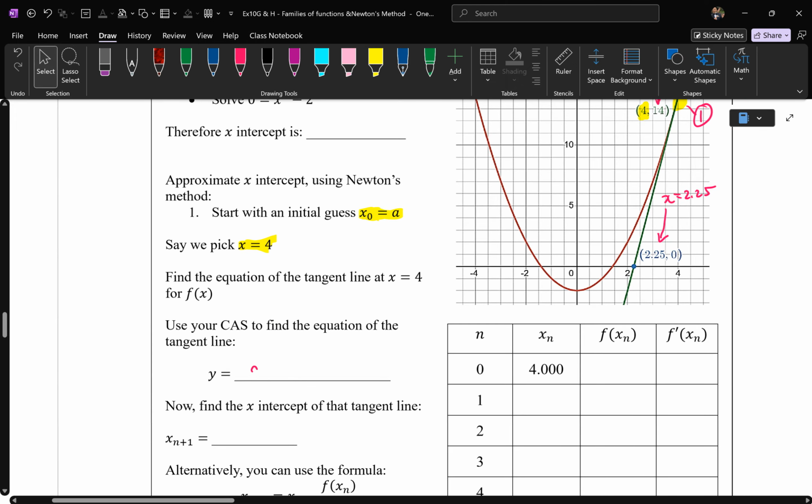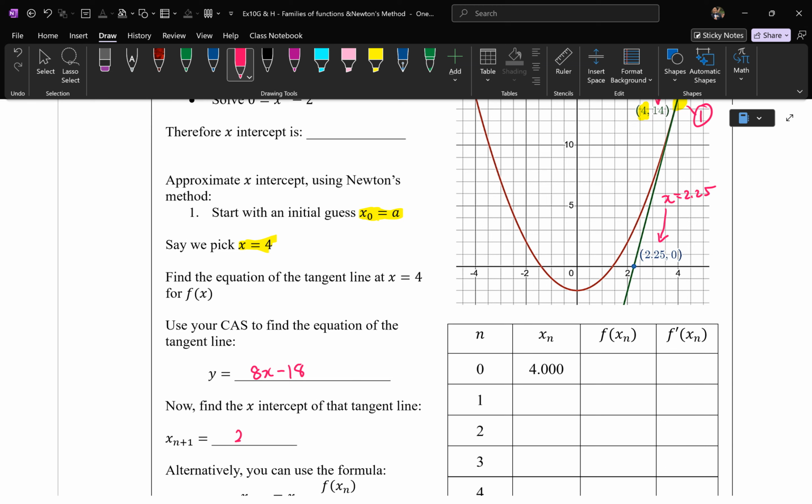I found the equation was 8x minus 18. I found out the x-intercept is at 2.25, but you could have worked it out by letting y equal 0: 18 equals 8x, and x equals 18 on 8. Same thing, right?